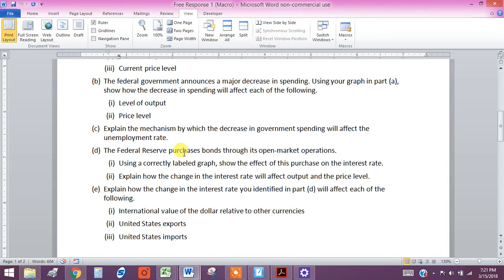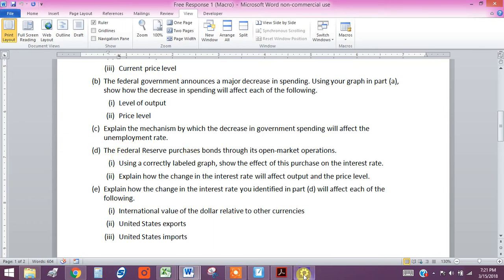It's going to put money into the supply, and we also want to explain how this change in the interest rate will affect the output and the price level, because you're not going to be able to show this on the graph for the money supply. So let's just take this one step at a time.